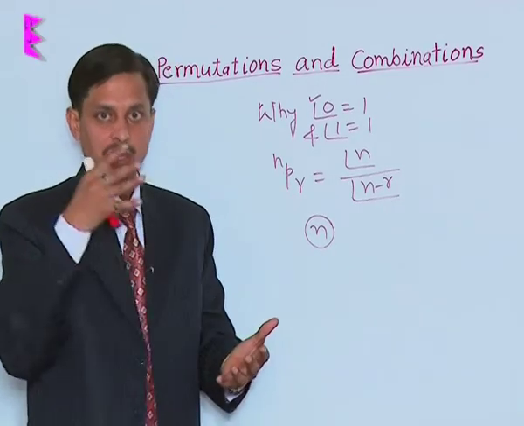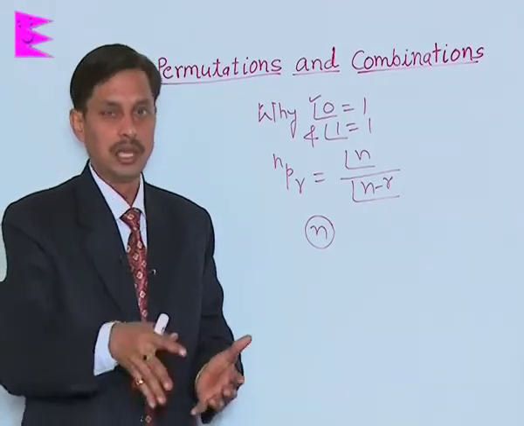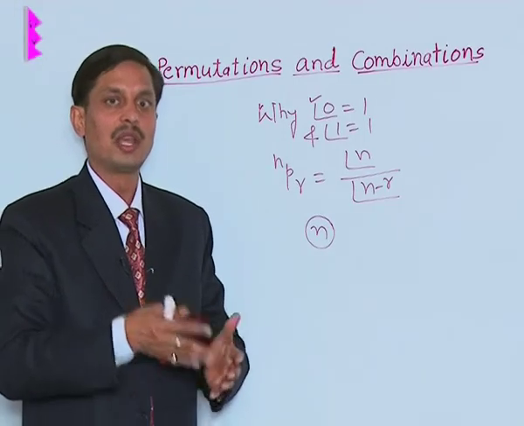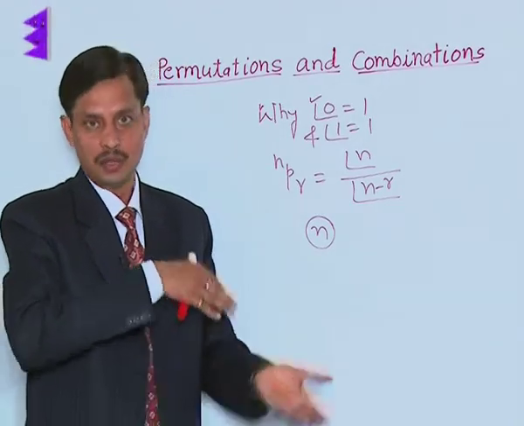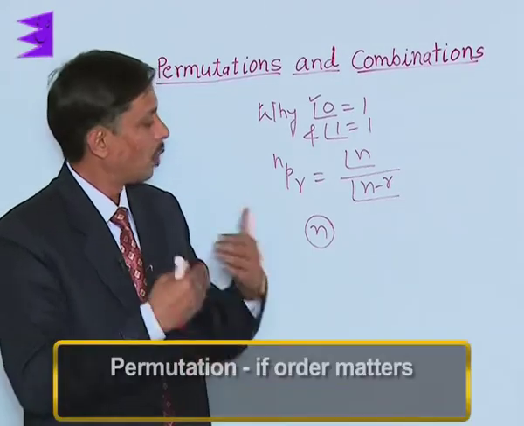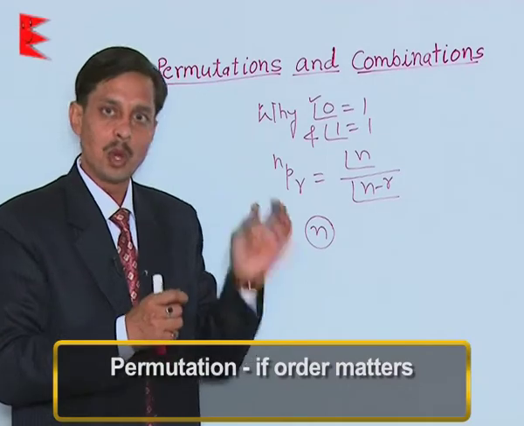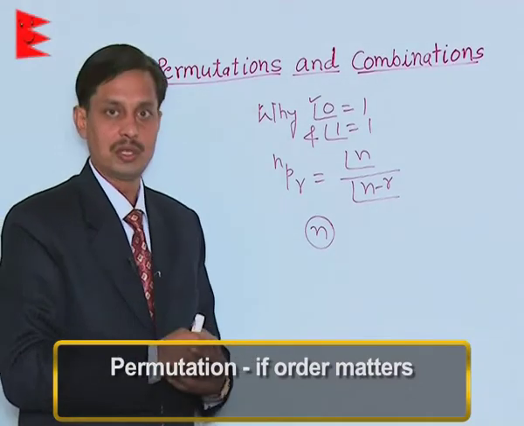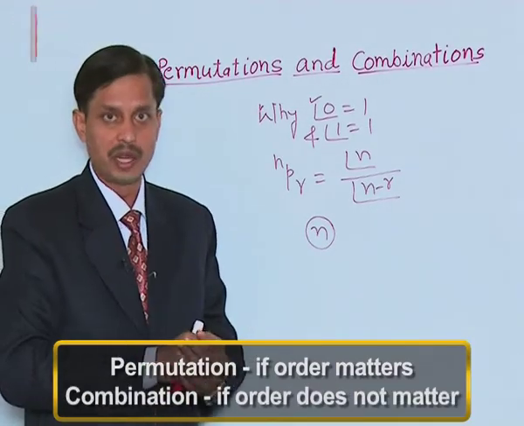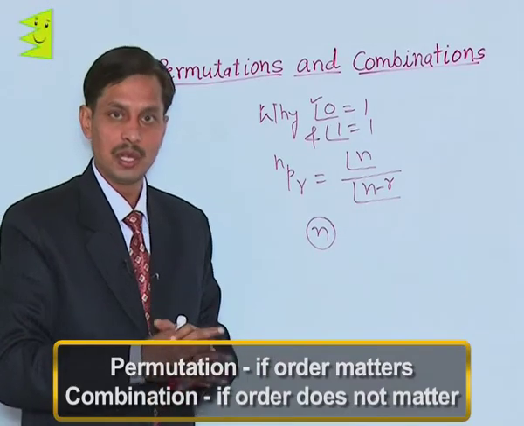First sweet, then vegetable, then the third. Similarly, someone can take first rice, then this, then that. So if order matters in answering a question, the problem is related to permutations. If order does not matter, the problem is of combination.